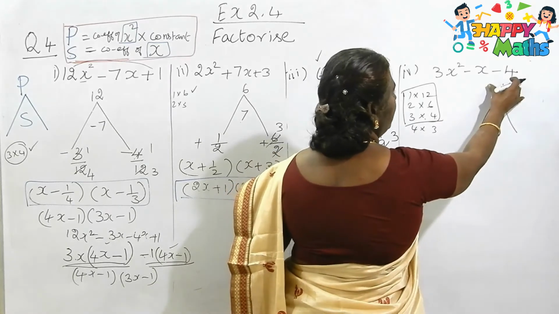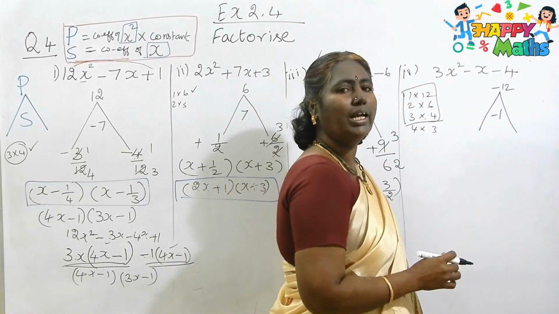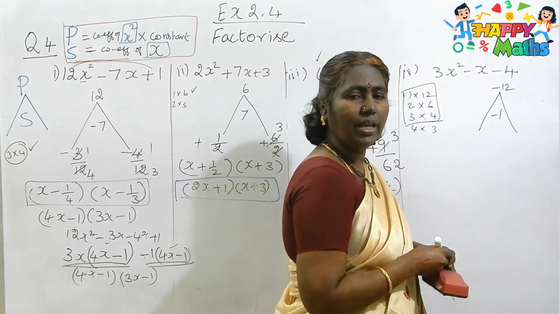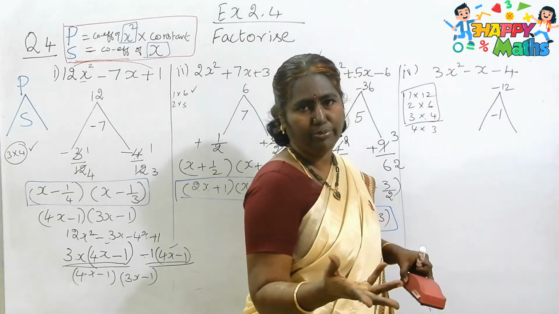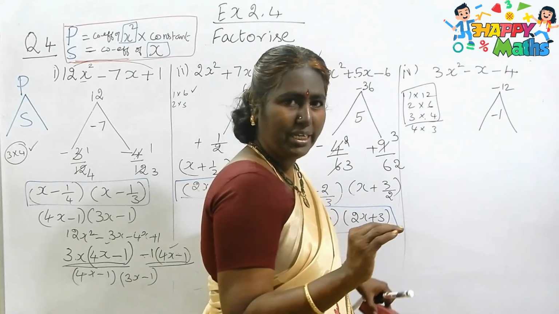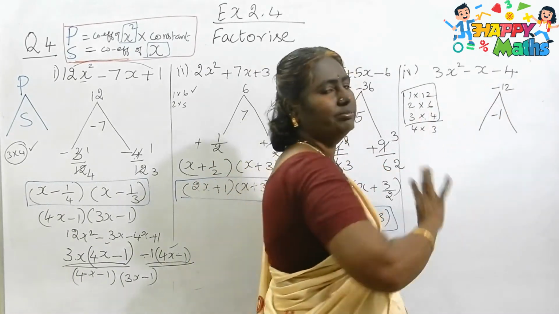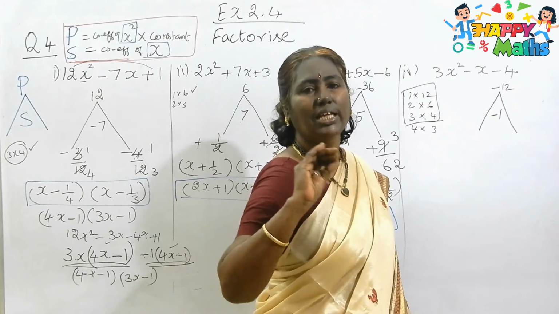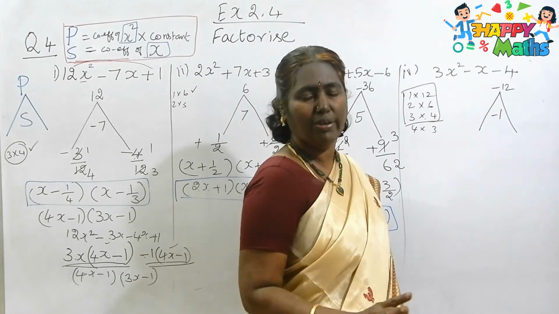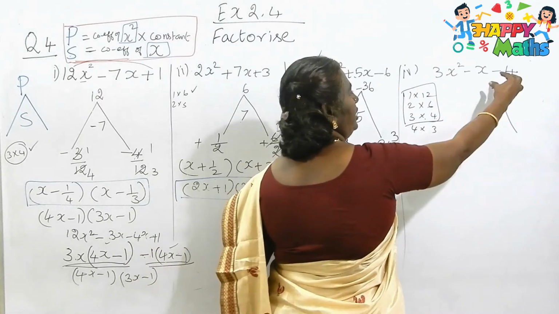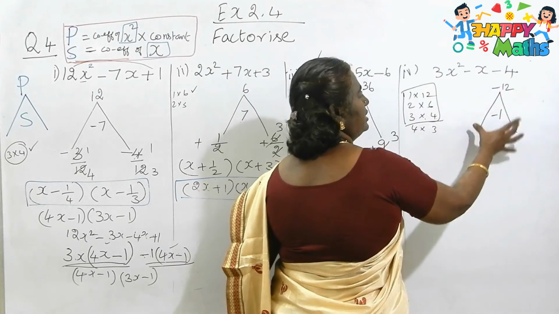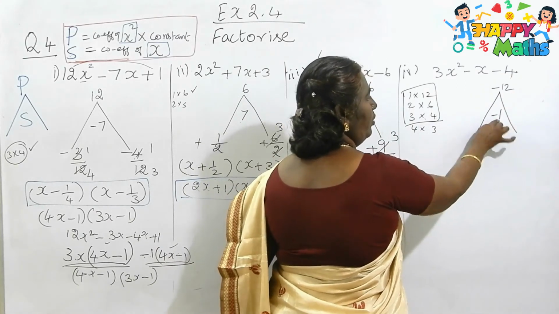See, what is our product? Whether it is positive or negative? Our product is negative. Our product is negative means the subtraction of these two numbers will be at the center. I think it is very, very clear for you now. It has to be very clear. So, if the number is negative, the subtraction of these two numbers will be 1.